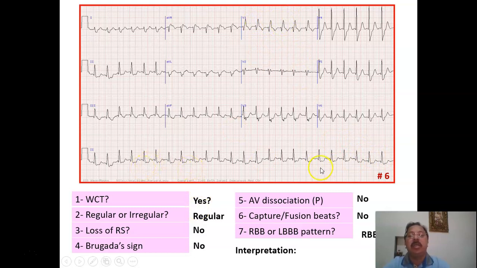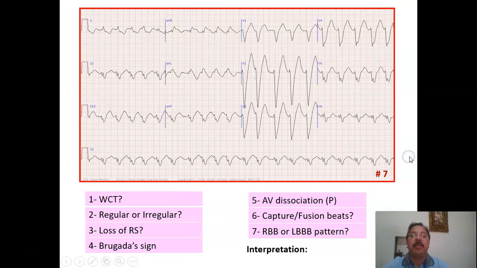So this is your SVT with the right bundle branch block. SVT coming from the atrium and blocked on its way to the ventricle at the right bundle branch. So that's why it becomes a bit widened in V1, V2, some of the chest leads.